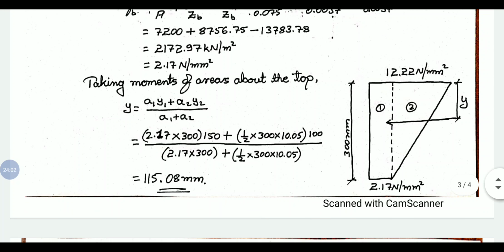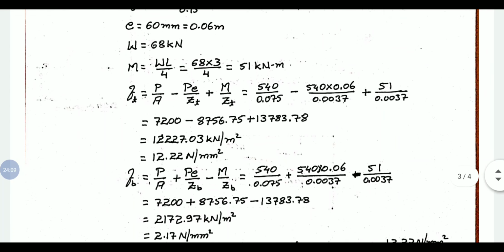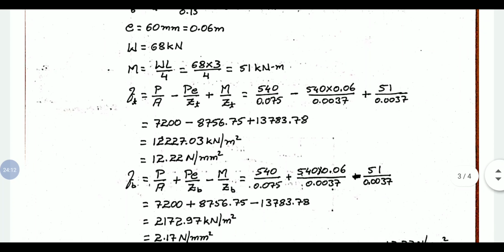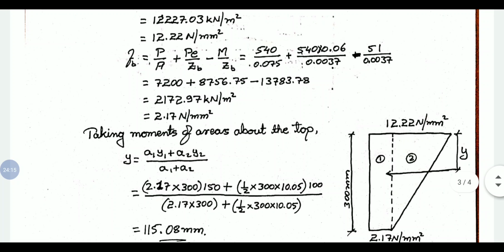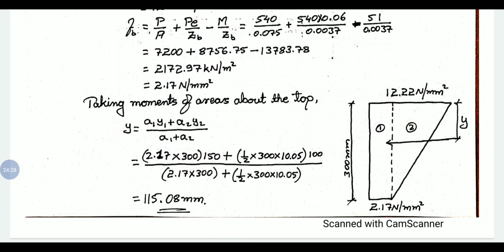Then here the fiber stresses that we have calculated are exactly for the center of the span, that is, we are calculating the lever arm for the midspan, the location of pressure line at midspan. So taking moments of area about the top, first we need to draw the resultant stress distribution diagram, and we need to locate the centroid of that particular stress distribution diagram.